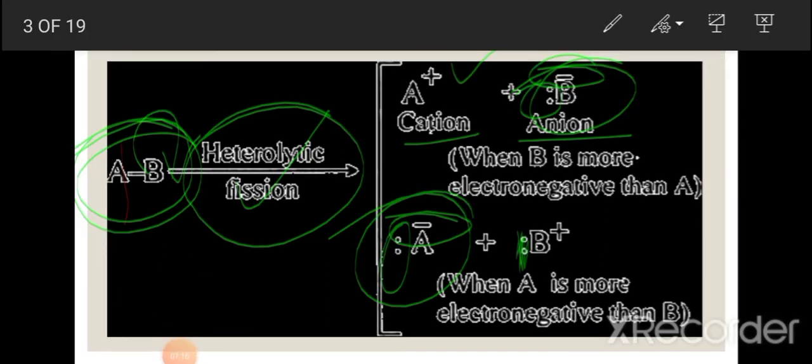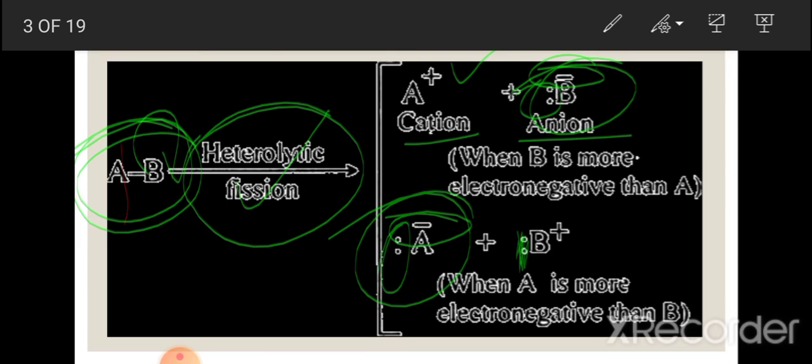So what are the characteristics of heterolytic and homolytic fission? Note them down. Heterolytic fission takes place in polar covalent bonds and is favored by polar solvents such as water and alcohol. But homolytic fission takes place in non-polar covalent bonds and is most common in vapor phase.